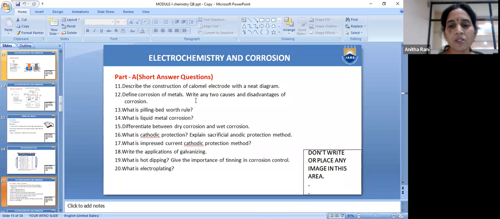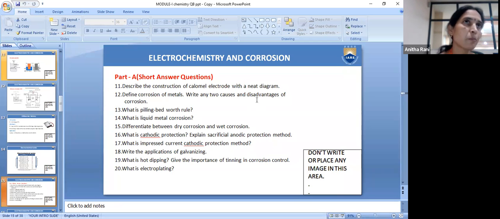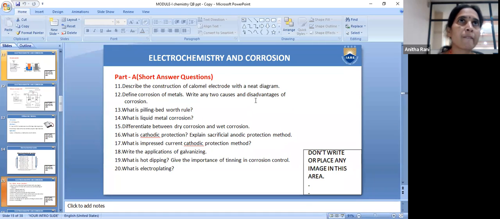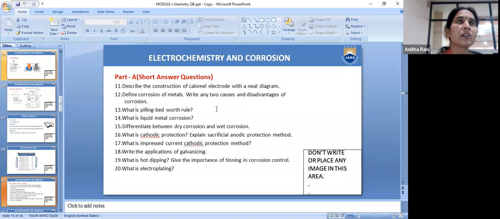Any two disadvantages: when a metal undergoes corrosion, it loses strength and lifespan decreases, so we can't use it for a long period. The efficiency of the machine decreases. Metallic properties like electrical conductivity, malleability and ductility decrease.